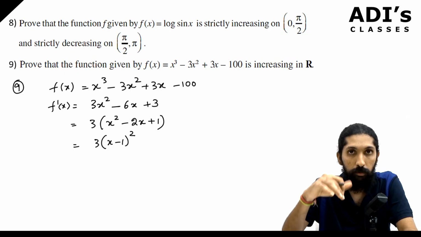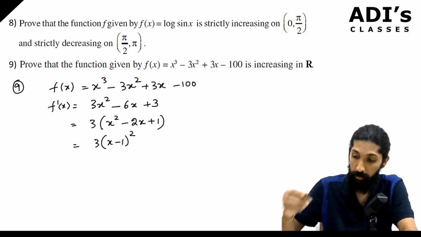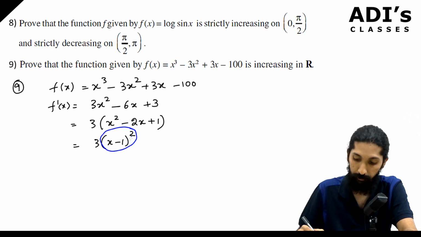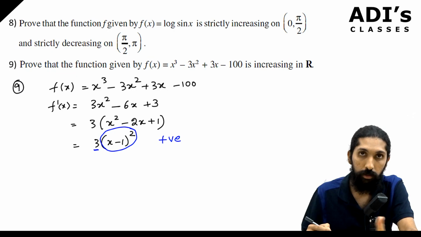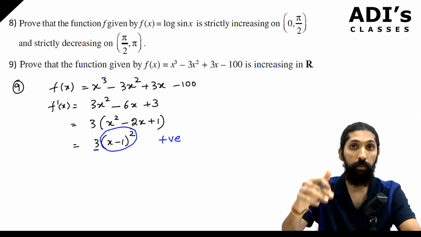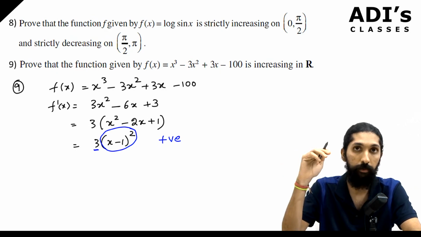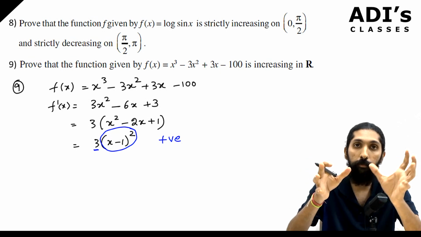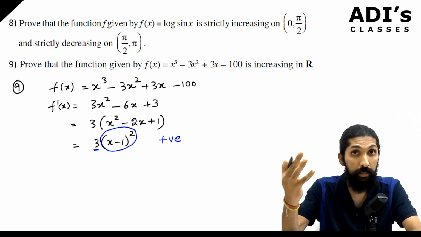(x minus 1) whole square can never be negative. That means this particular term is always positive. 3, obviously, is a positive number. So no matter what value of x we take, any real number, (x minus 1) whole square is always positive, and you're multiplying that with 3.